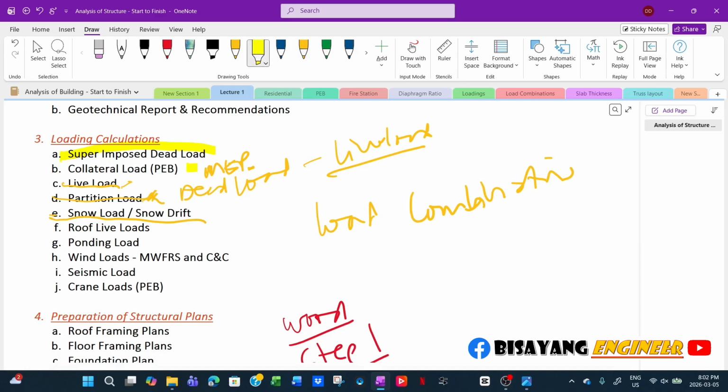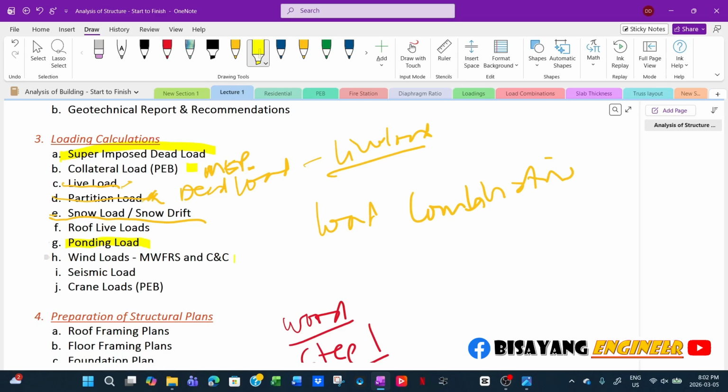Now, in the next video, we will focus on the ponding load because this is not common. This is only applicable if you have a flat roof and at the same time a roof deck.